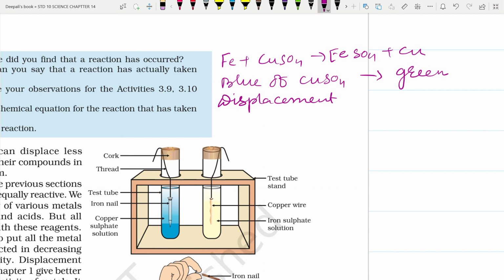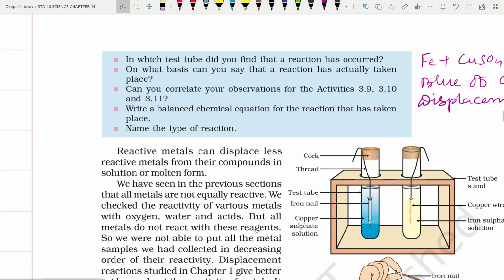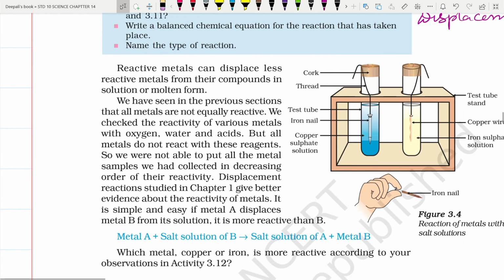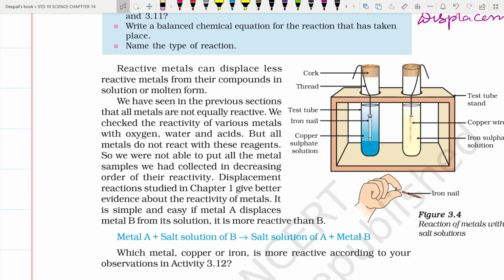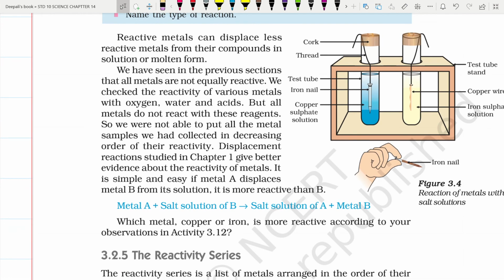Among iron and copper, iron is more reactive than copper. This is what the experiment teaches us, that more reactive metals displace less reactive metals from their compounds in solution or in the molten state.